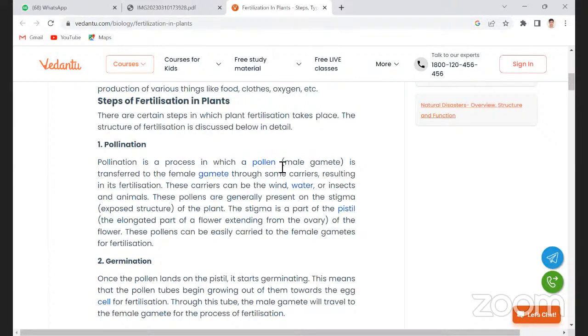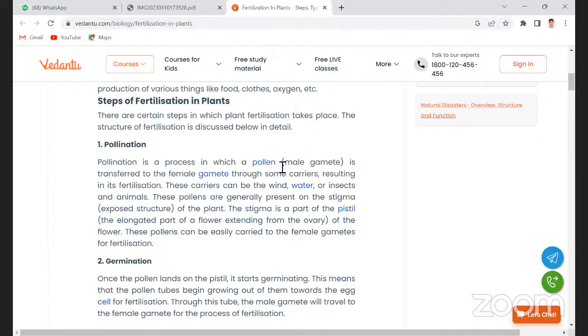These carriers can be wind, water, insects, or animals.